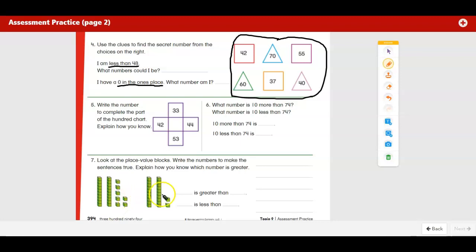Then fill the numbers into the sentence here. Blank is greater than, blank is less than. So count what these two models here equal, and then put the numbers in both of these sentences to make the statements true.